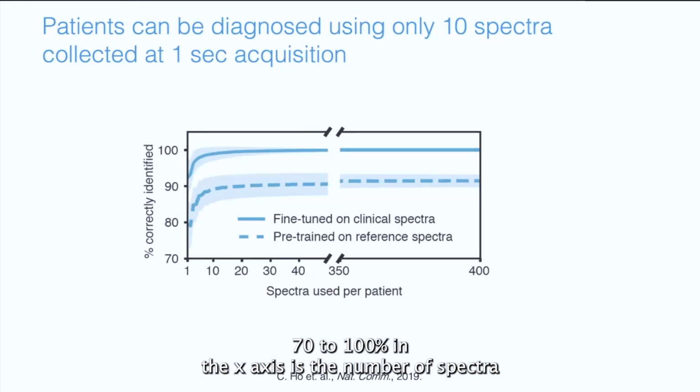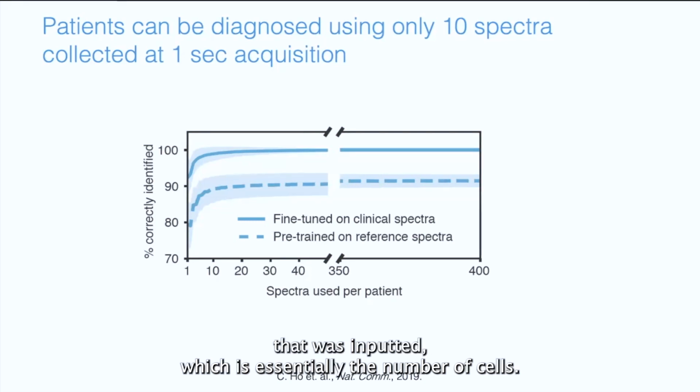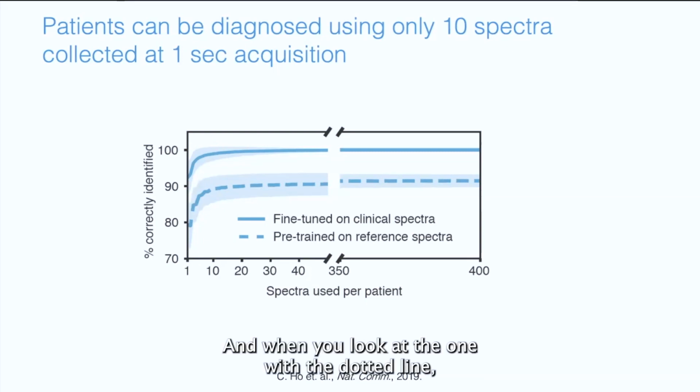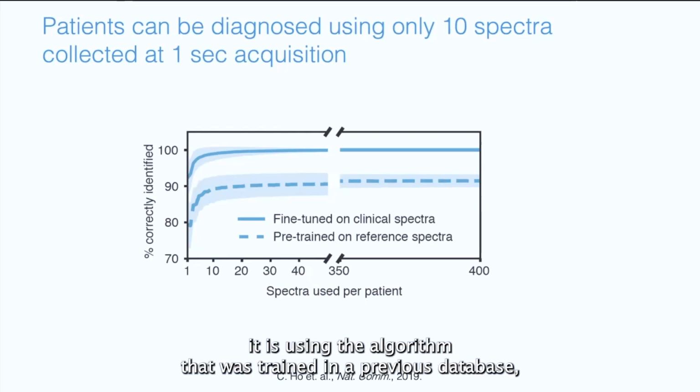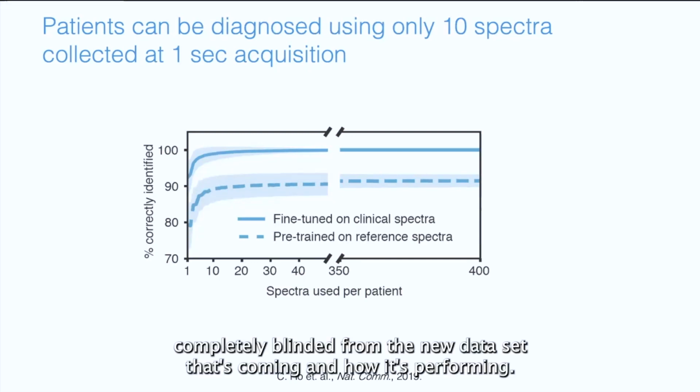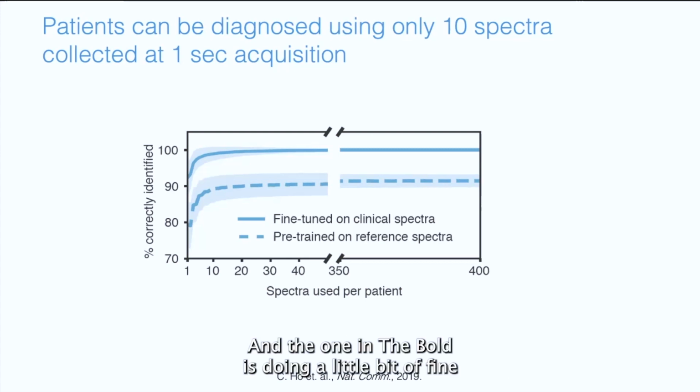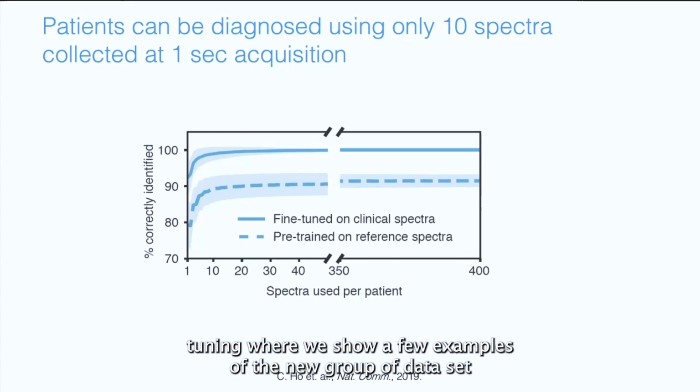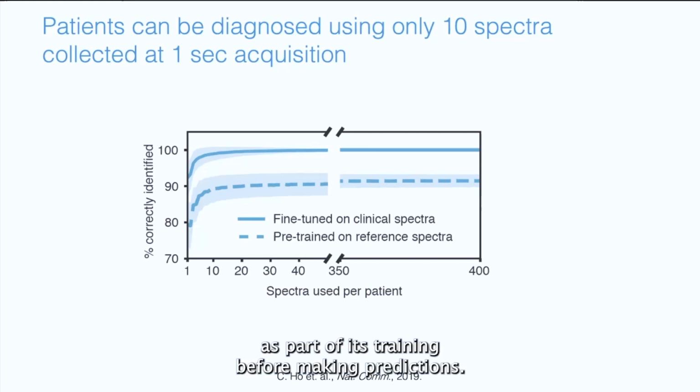The x-axis is the number of spectra that was inputted, which is essentially the number of cells. And the one with the dotted line is using the algorithm that was trained on a previous database, completely blinded from the new data set that's coming, and how it's performing. And the one in bold is doing a little bit of fine tuning, where we show a few examples of the new group of data set as part of its training before making predictions.